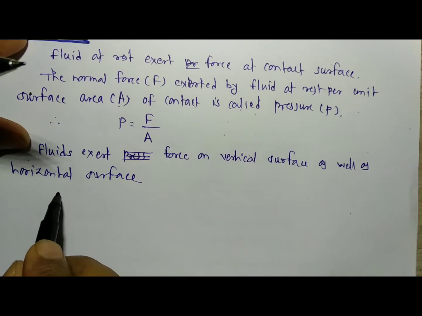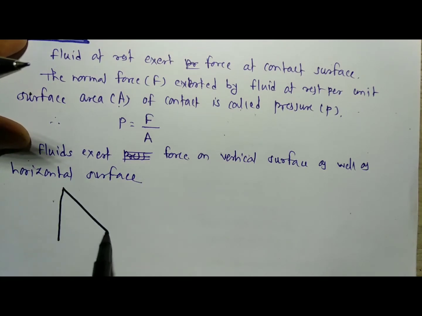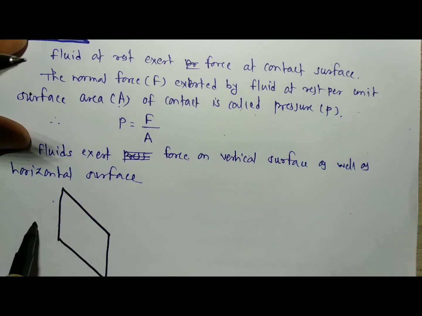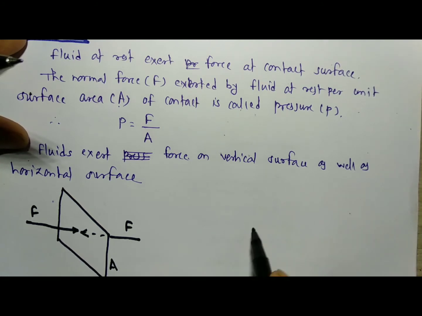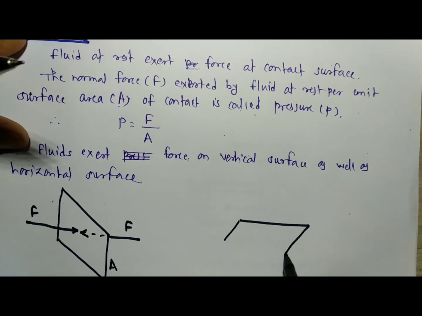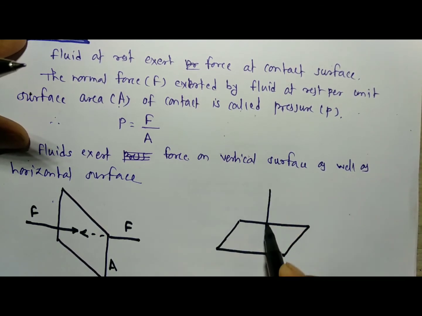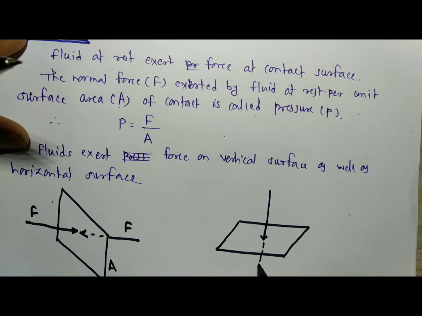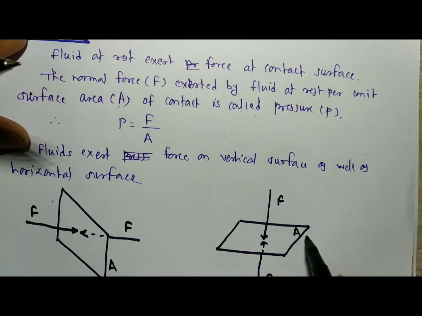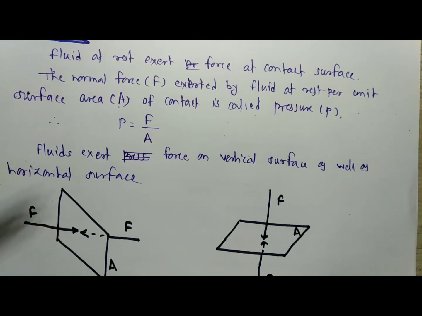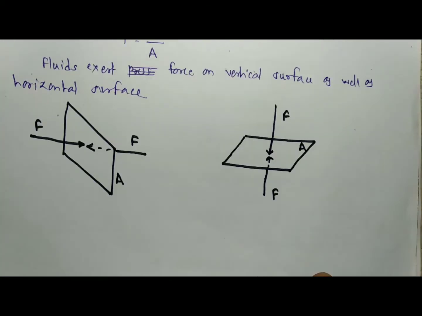Consider this surface here, and the force acting on it in this direction, and another force acting in this direction. That means a force is acting on that area horizontally, and a force is also acting on the surface vertically. So you get both the horizontal as well as the vertical consideration.